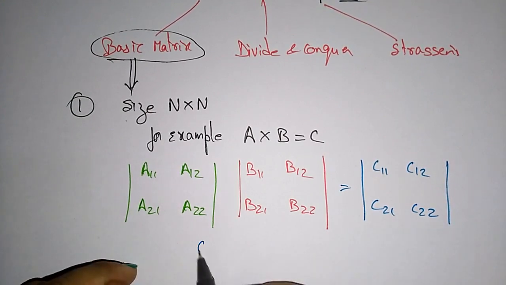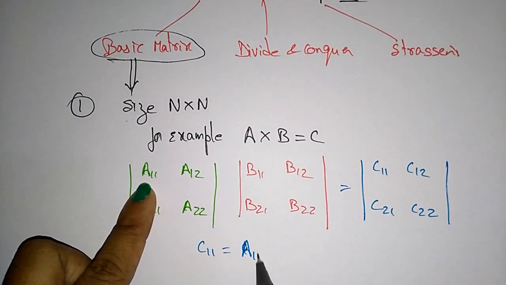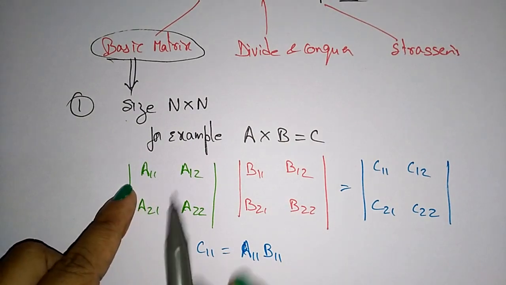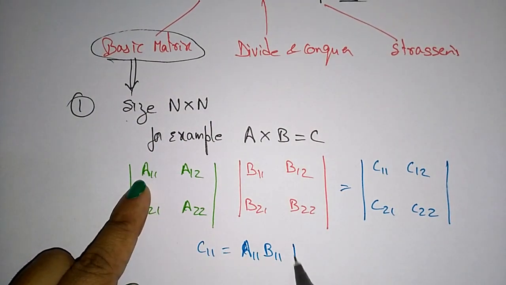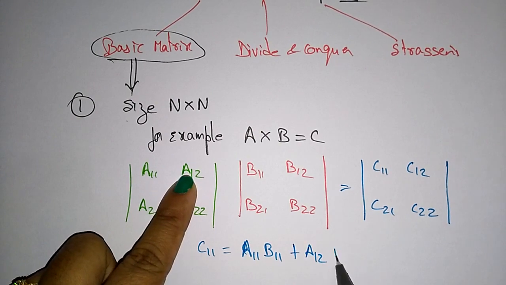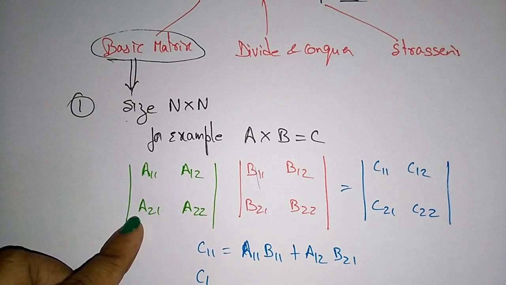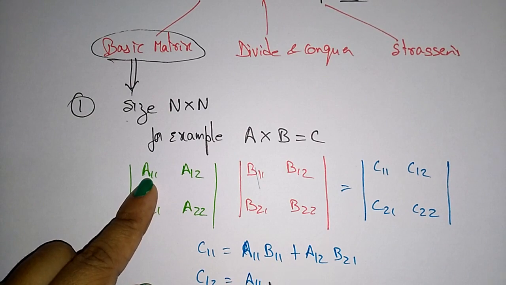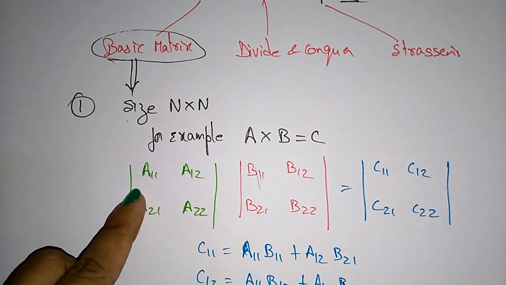Now C11 is A11 into B11, just doing the basic matrix multiplication. So how will you do this? A11 B11 plus A12 B21. Now coming to C12, again you have A11 B12 plus A12 B22.